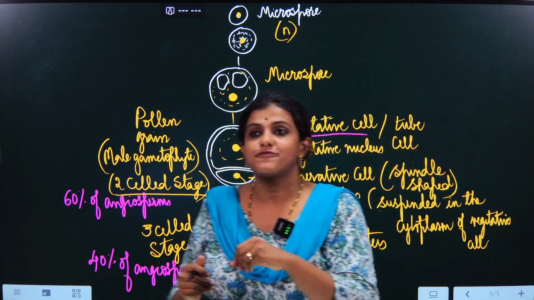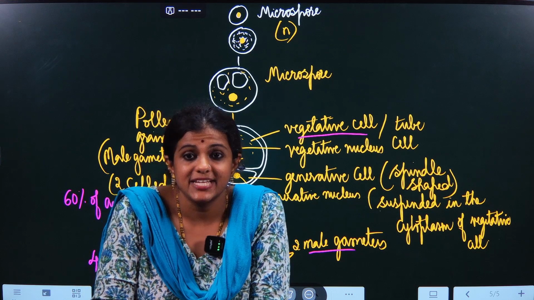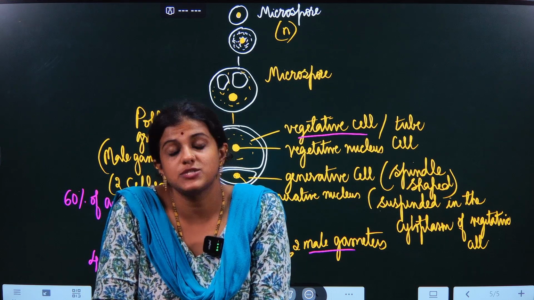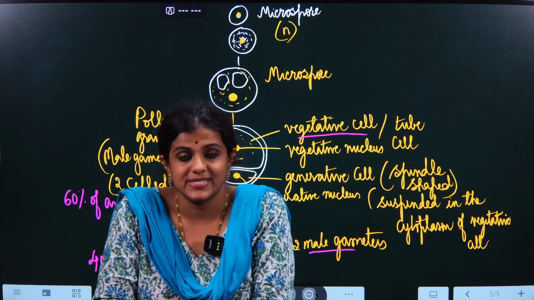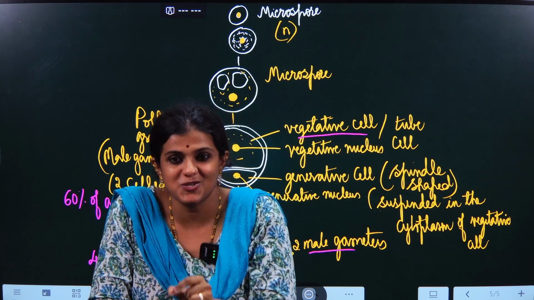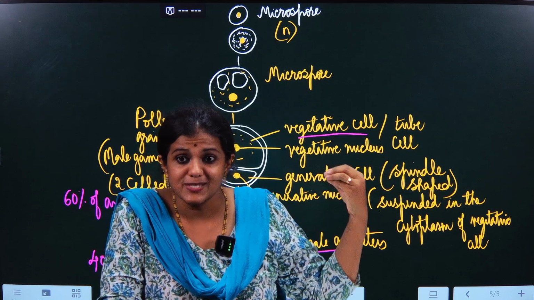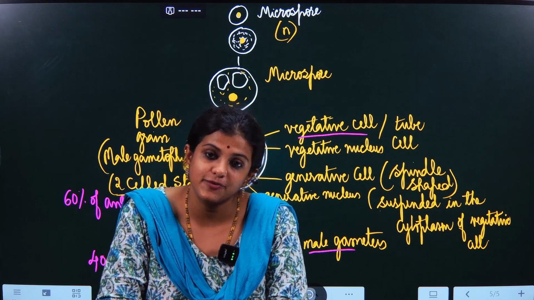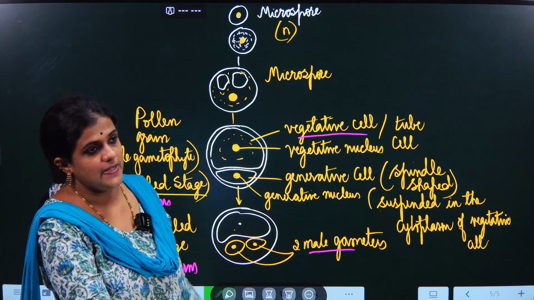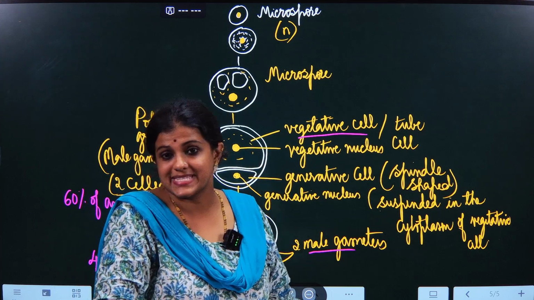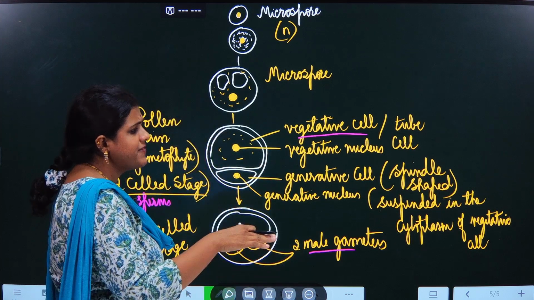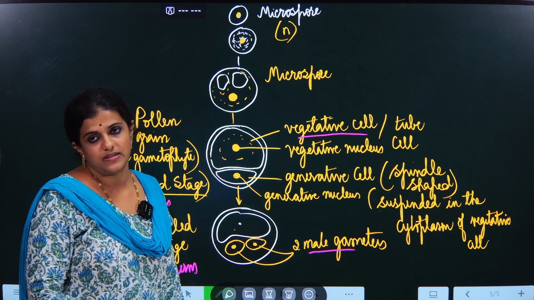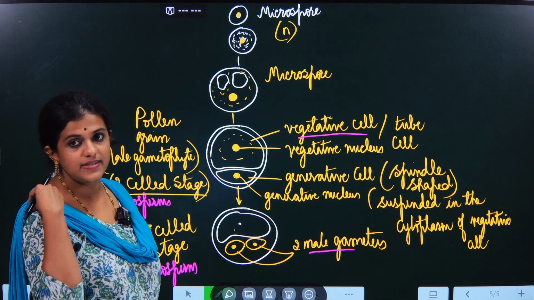That kind of fertilization is known as siphonogamous. Siphono means straw-like or tube-like. Because a tube is formed, it is called siphonogamous pollen-pistil interaction. Anyway, we are going to learn in depth about them in further classes.